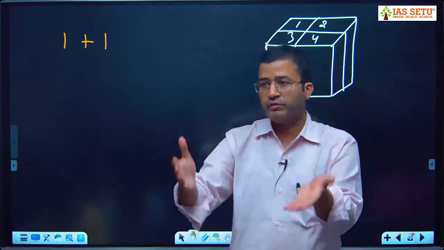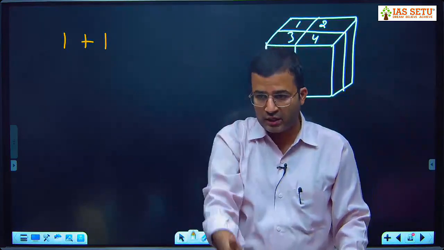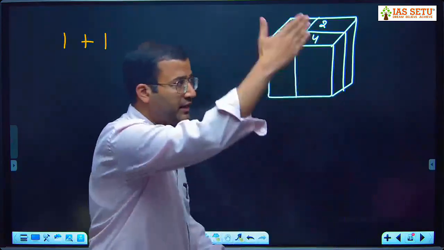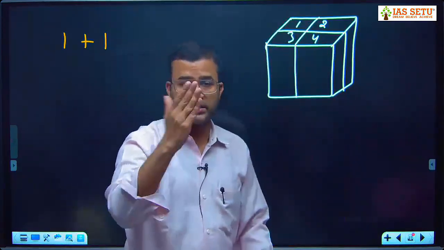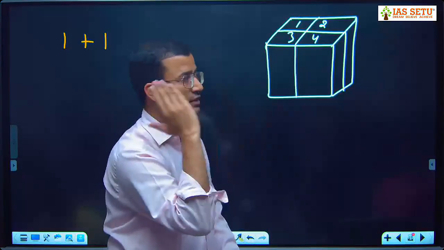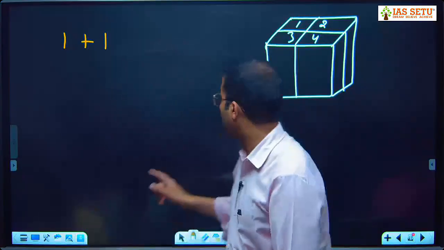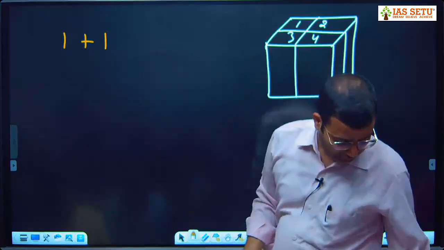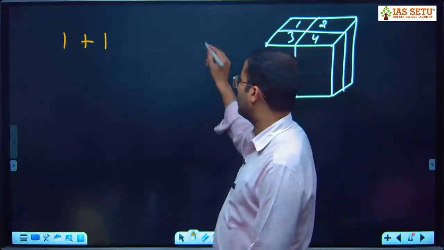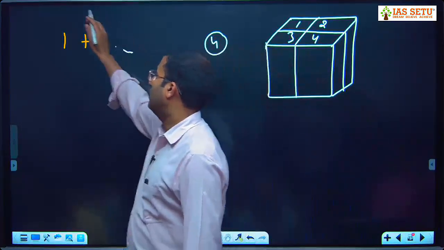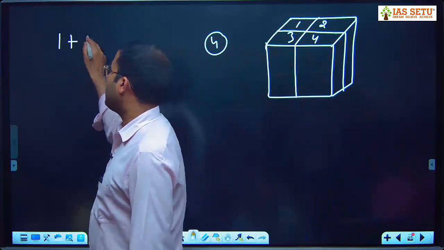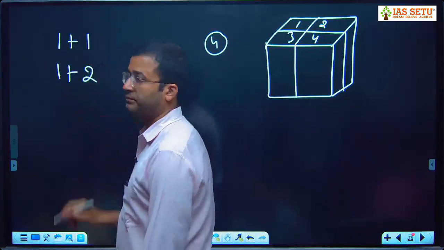Let me explain 2 different axes. If it is a cube, one cut along this axis, second cut along this axis. One axis this, another axis this one. Okay, total pieces are 4. 1, 2, 3, 4. Now next I make 1 plus 2 cuts.